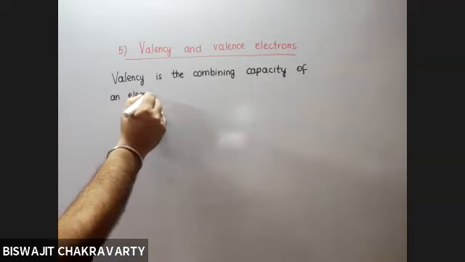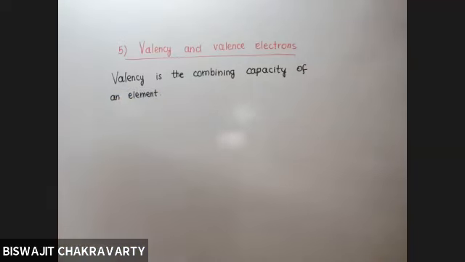Now, what is the meaning of the term combining capacity of an element? Some atoms completely lose electrons. Some atoms completely gain electrons. And some atoms that are not in a position of complete loss or complete gain share electrons. So that is called its valency. If there is complete loss and complete gain, that is called electrovalency. And if there is sharing of electrons, it is called covalency.